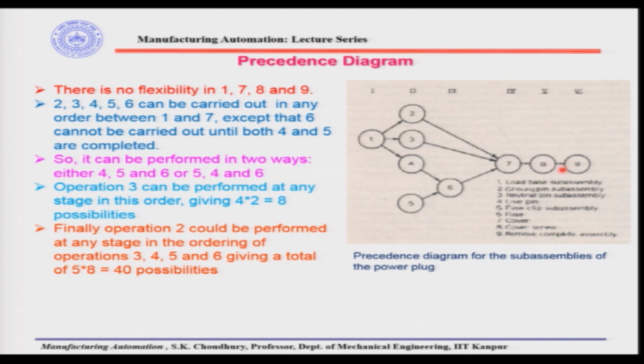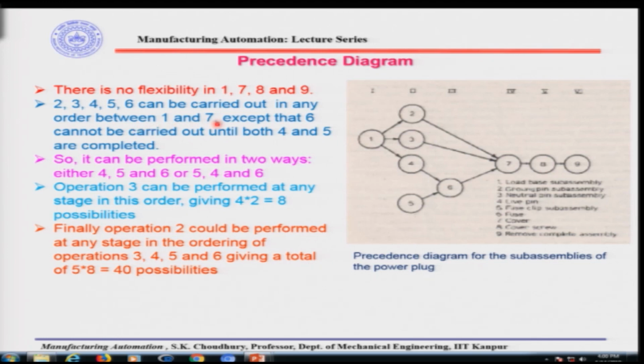Now, as I said, there is no flexibility in the sub assembly of 1, 7, 8 and 9. So, therefore, they are given in a separate column. Now, 2, 3, 4, 5 are given in one column. So, therefore, there is a flexibility in the sense that 2, 3, 4, 5 can be made in a different way.